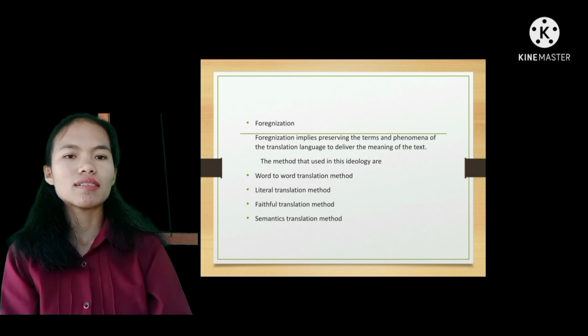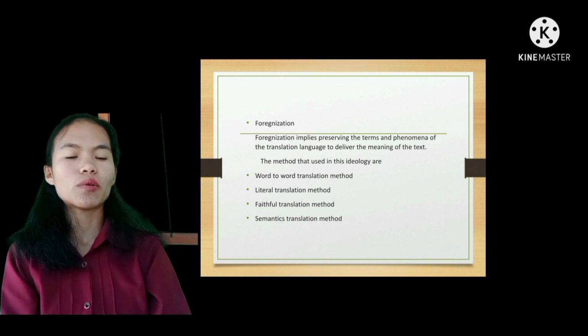The source language grammatical constructions are converted to their nearest target language equivalents, but the lexical words are again translated singly out of context. It means that when the translator translates, the words are translated literally from source language into target language. And the third is faithful translation method.